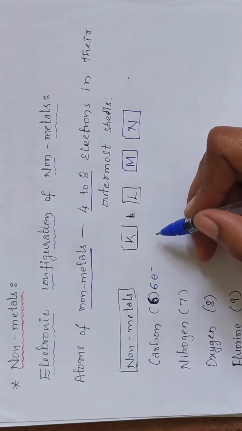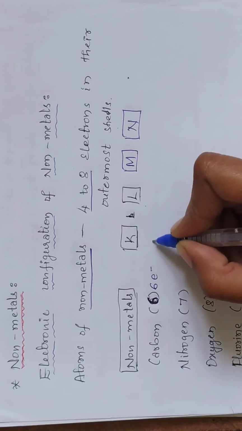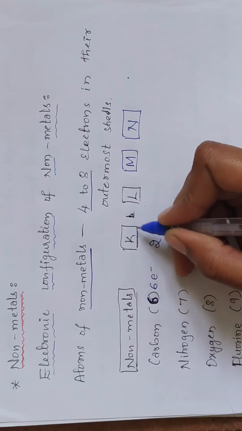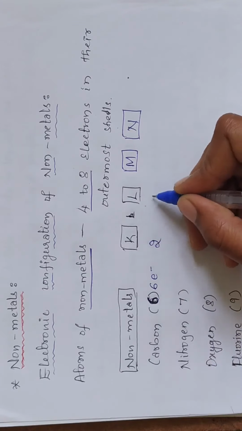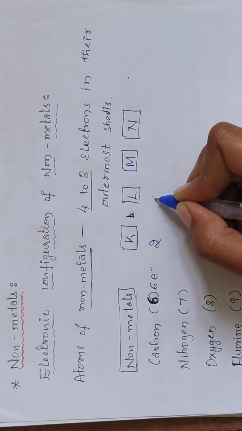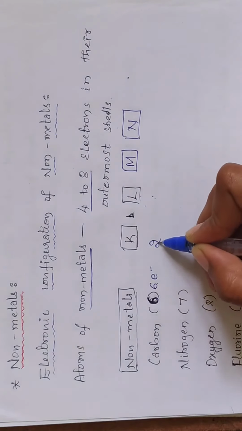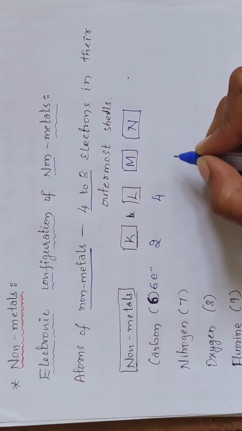Children, in the previous class I told that the K shell can accommodate a maximum of 2 electrons. We can place only 2 electrons in the K shell and the remaining electrons will be placed in the next shell, that is the L shell. Out of 6 electrons we have placed 2 in the K shell and the remaining 4 in the L shell.